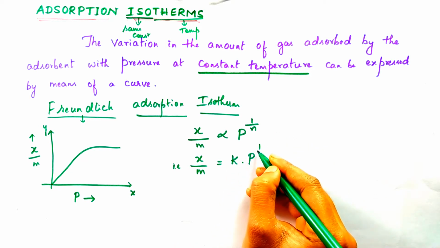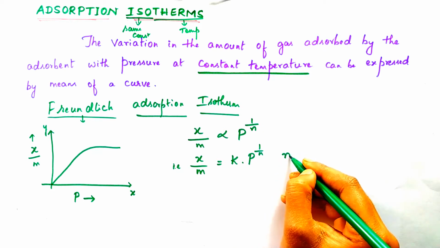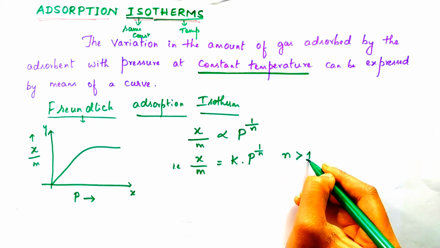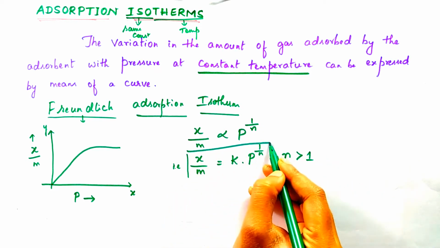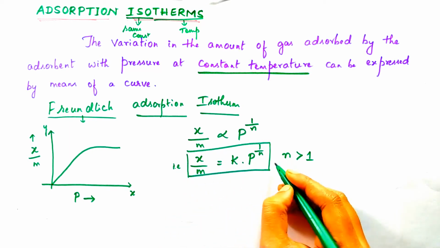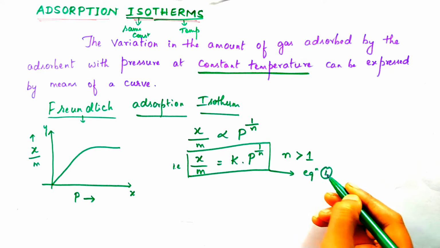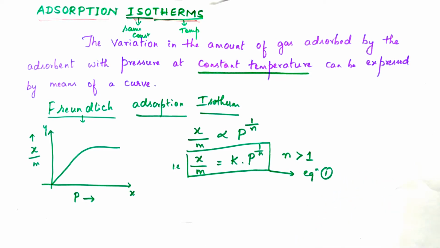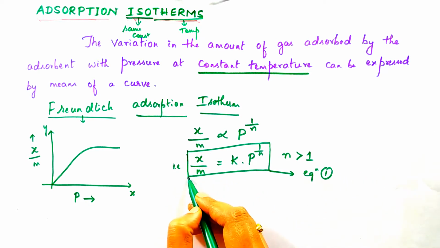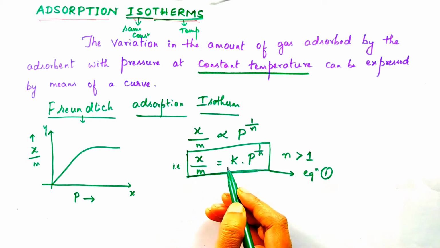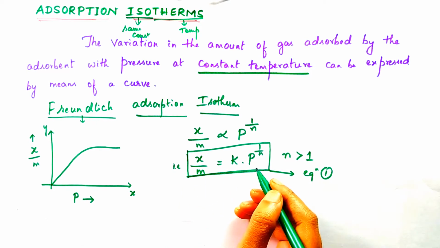This is called the Freundlich equation. Let us take it as equation 1. This equation is important: x/m = k P^(1/n).